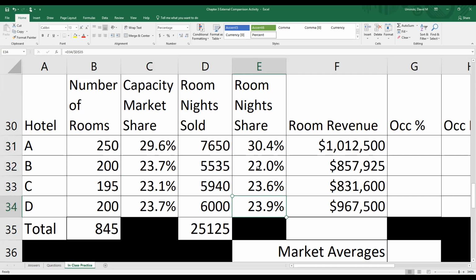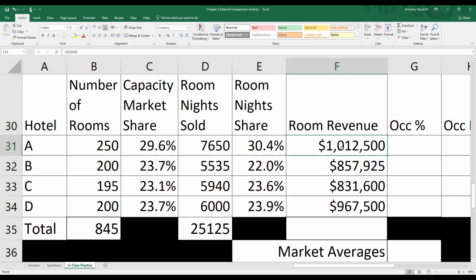Now we can break it down from an occupancy, ADR, and RevPAR perspective as well. If we look here, can we only base this on room revenue, saying Hotel A performed the best? Exactly.